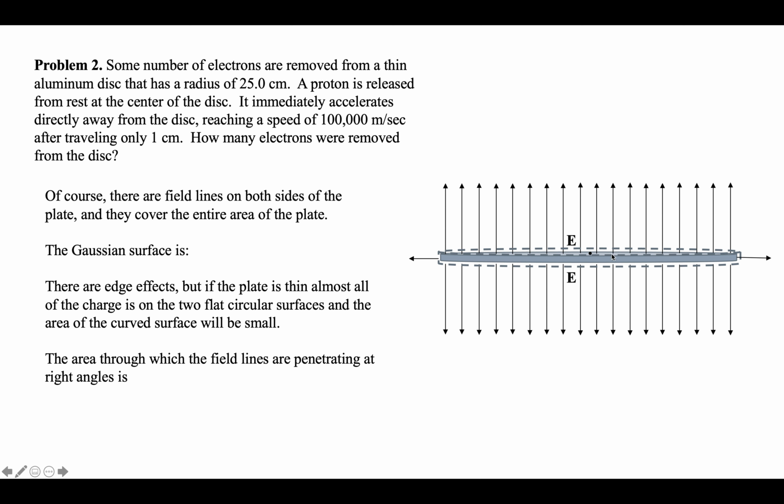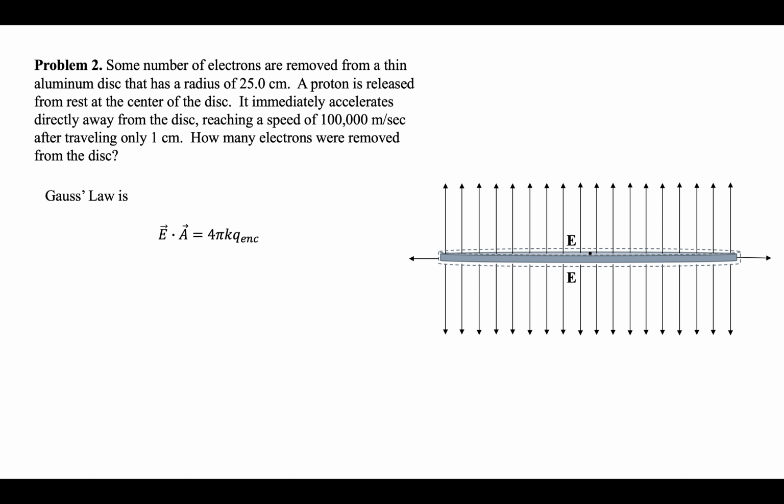If I turn these things sideways, you'll see the area is huge compared to the edge. So the area through which the field lines are penetrating, which is the flat disk, the two circles, is pi r squared times 2. That's the area. Radius is given, 25 centimeters, 0.25 meters.